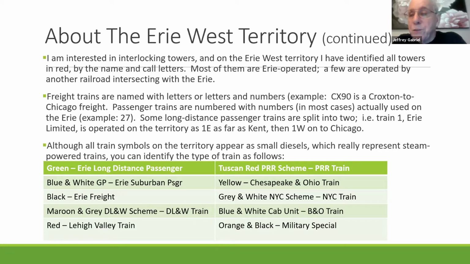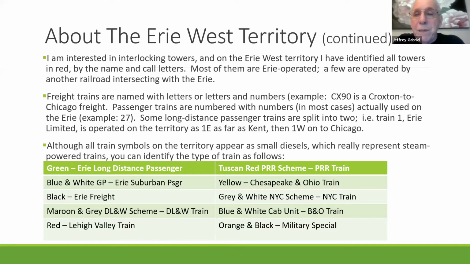Some long-distance passenger trains are split into two. In other words, the Erie Limited, say, was train 1. I have them as 1E from Port Jervis to Kent and 1W from Kent to Chicago. There's a reason for that that has to do with how they display the time, not terribly important right now.